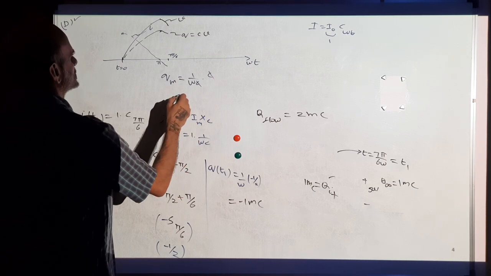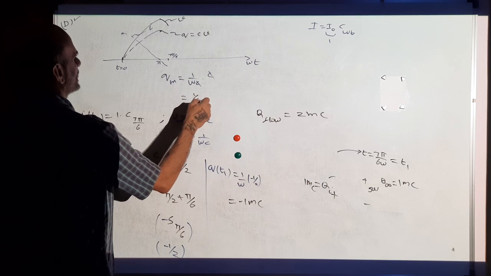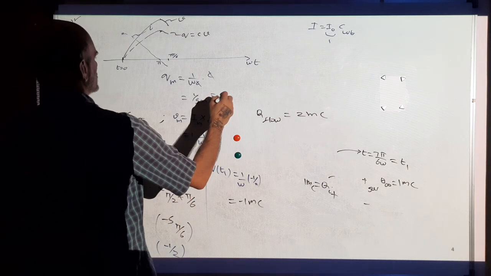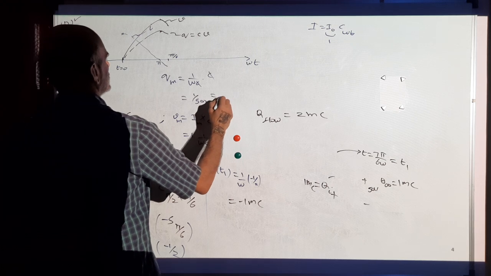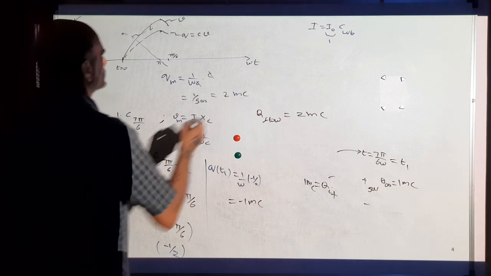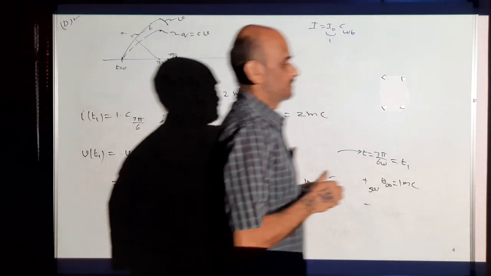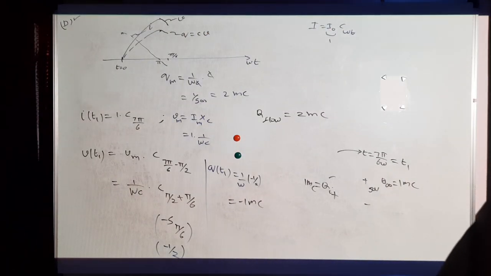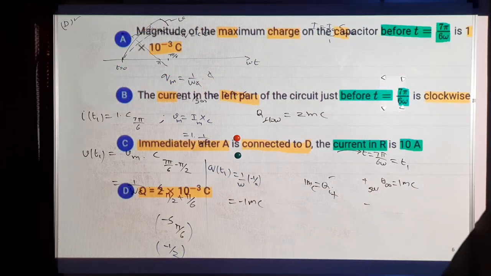So C will cancel, it's 1 by omega. So 1 by 500, that is 1000 by 500 into milli. So it's 2 millicoulombs. So the maximum charge before the time the switch is thrown is 2 millicoulombs. Maximum charge on the capacitor before t equal to t1 is 1 millicoulomb given in the option. So option A is not true.